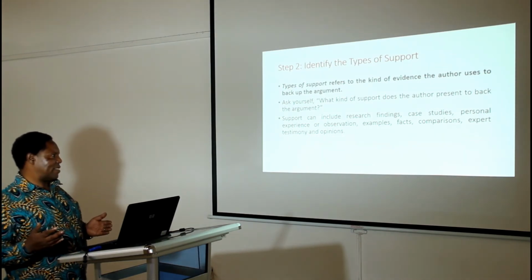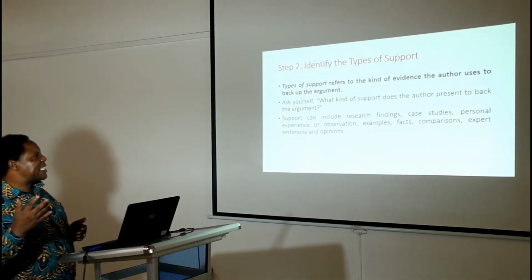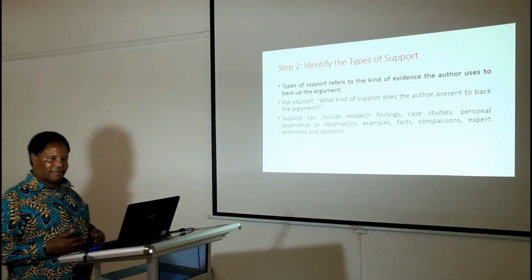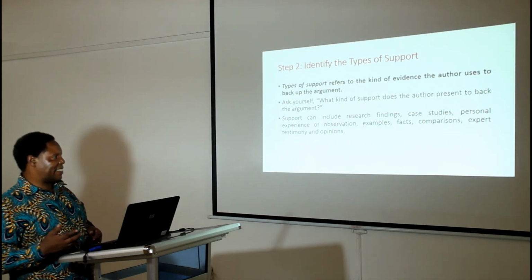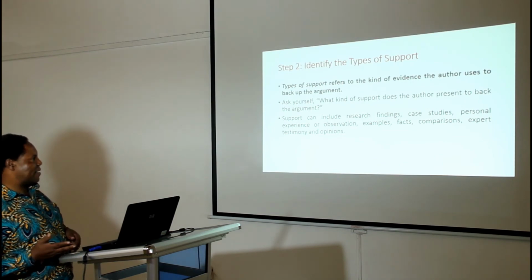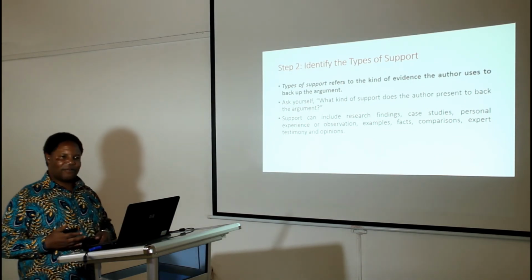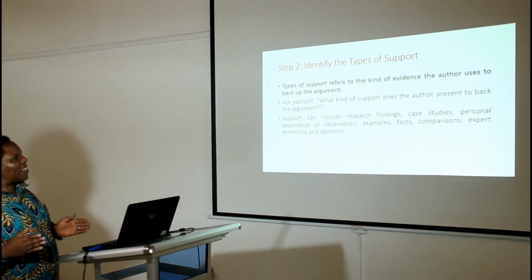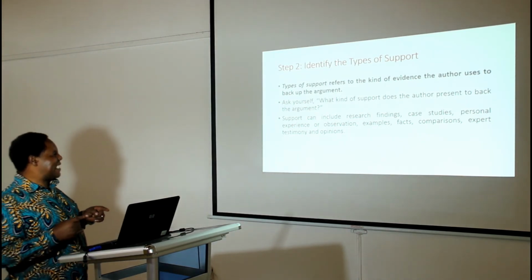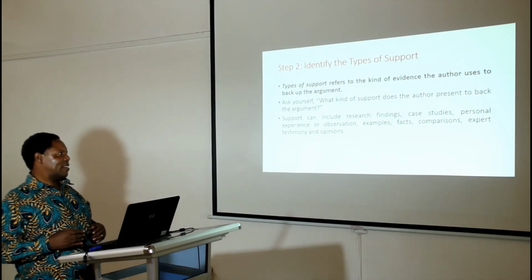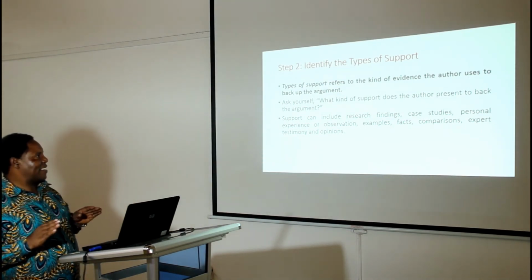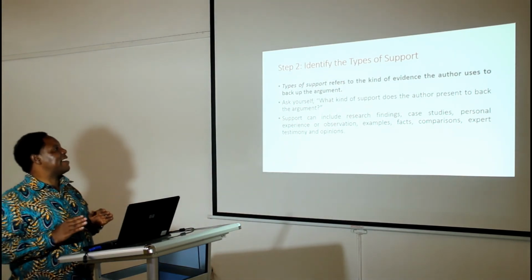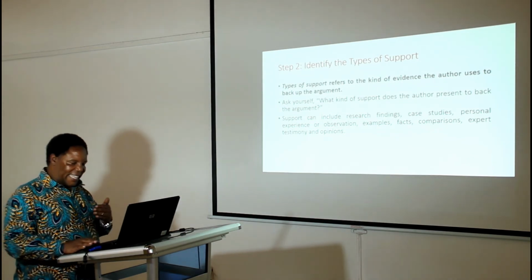Support can include research findings, case studies, personal experience, observation, examples, facts, comparisons, expert testimony, and opinions. So when you have these, then you identify the supports and their types.